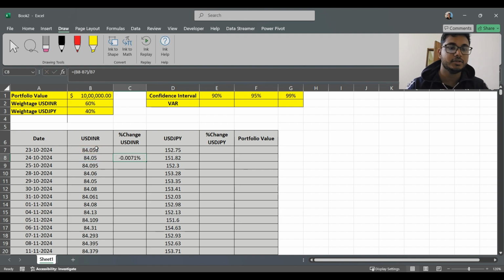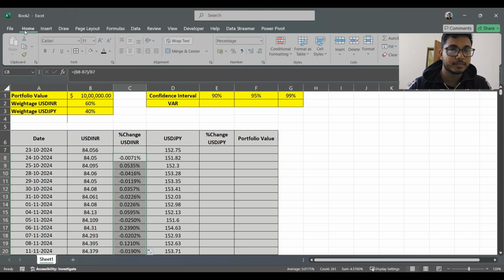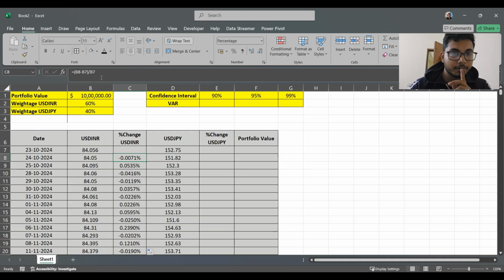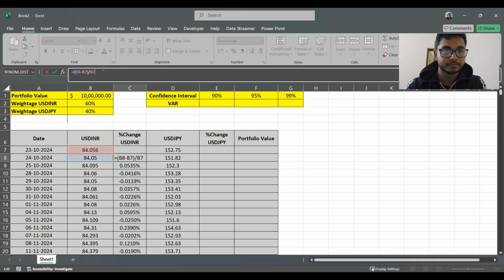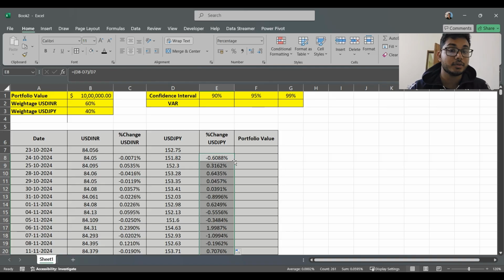It will be 0.0071%, and we can just calculate for all those values. Similarly, we can apply a similar formula for dollar JPY, and we can calculate the daily returns for dollar JPY as well.